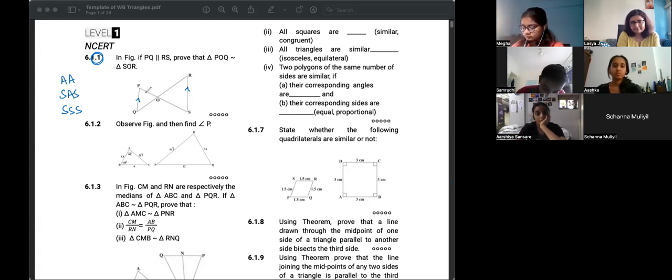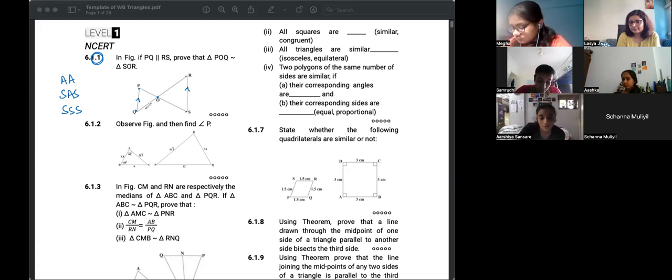Can you say anything about the sides? Is anything equal or proportional? Can we apply the basic proportionality theorem or anything? No, we can't. So consider AA similarity.